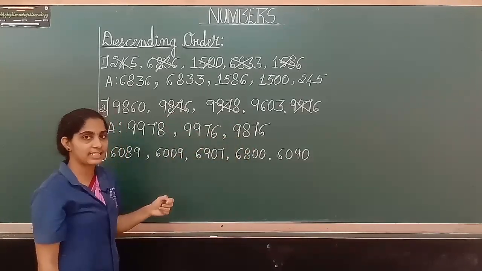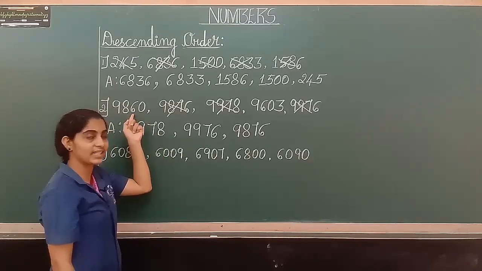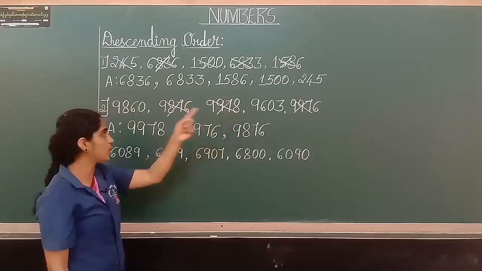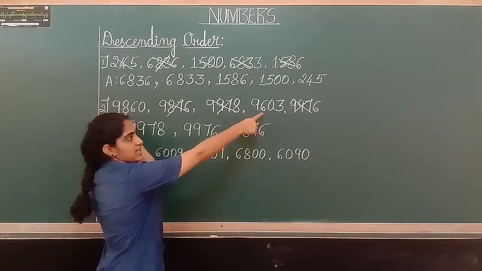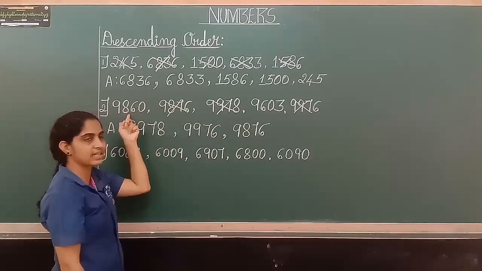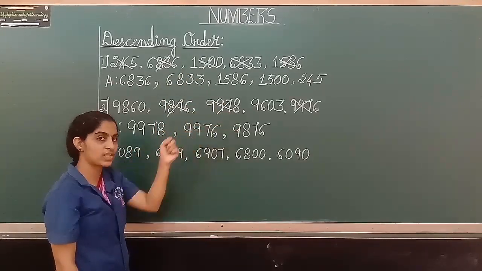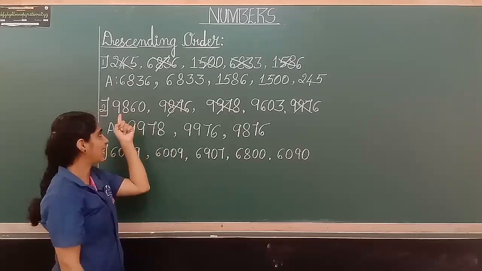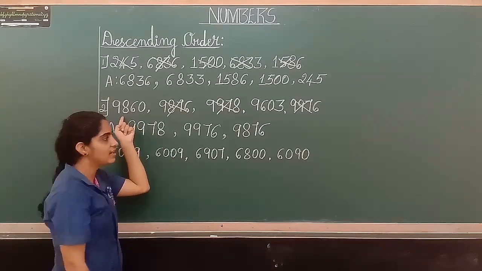Now which is the next greater number? You know that this is the next greater number compared to that, because in the second place here we have 8, here we have 6. So 8 is greater than 6. So this is greater than 9603. So which number we have to write? 9860 we have to write first.